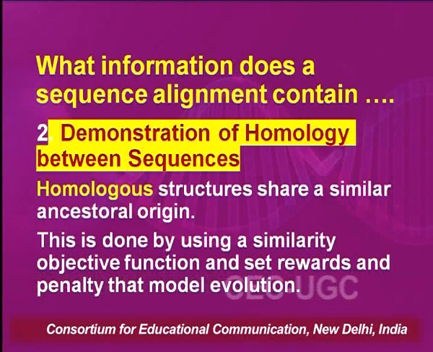As I told you earlier, we'll be talking about the scoring matrices. Based on the models, the scores have been decided, and that really helps us in knowing whether the sequences are homologous or not, and whether they share common ancestry or not. Sequence alignment tells us about that.